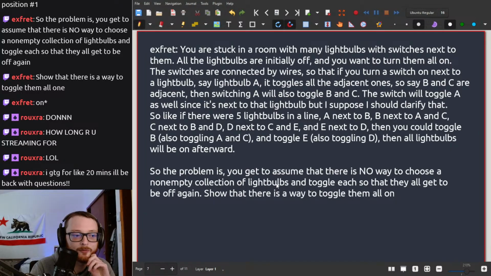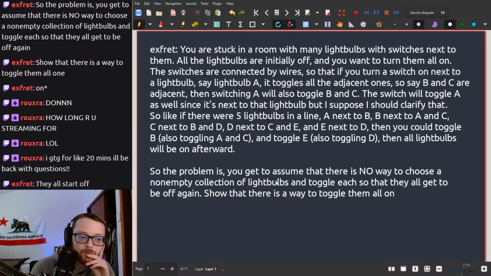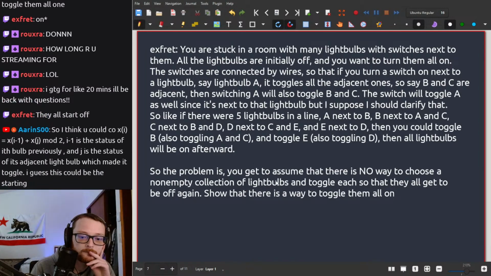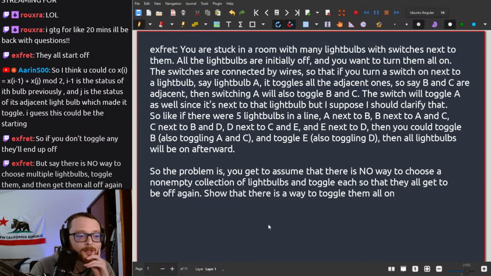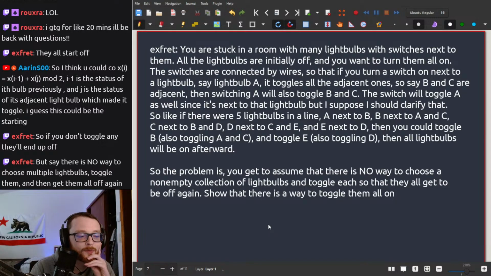I don't understand what the problem is. They all start off, so if you don't toggle any, they'll end up off. There's no way to choose multiple light bulbs to toggle them.